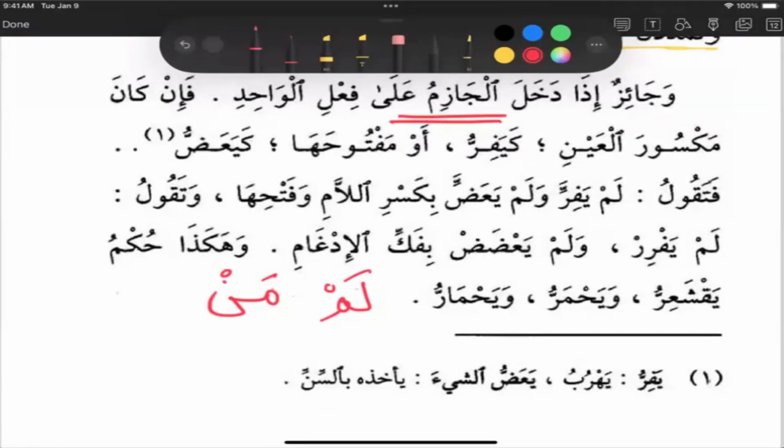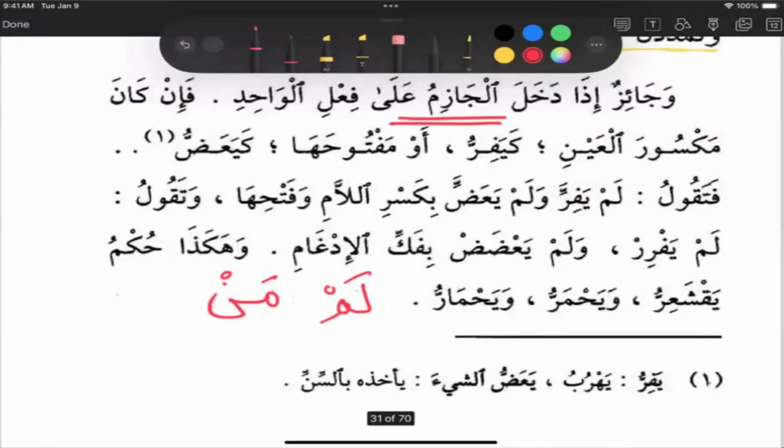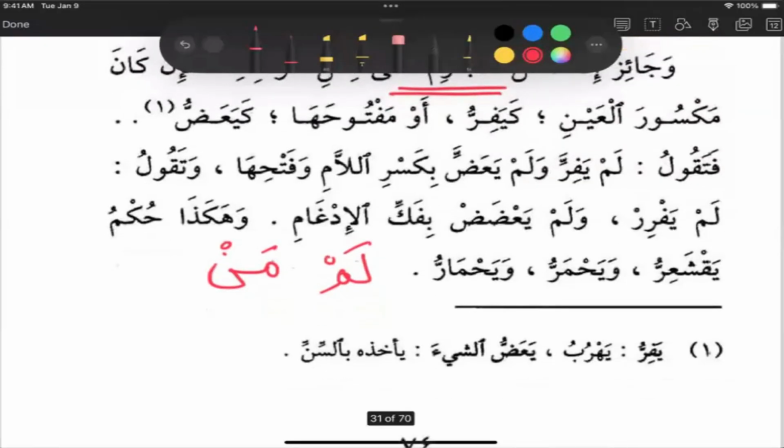And what's the sign of jazm? What's the original sign of jazm? It's sukoon. Therein is the secret behind being able to break apart the idgham here.